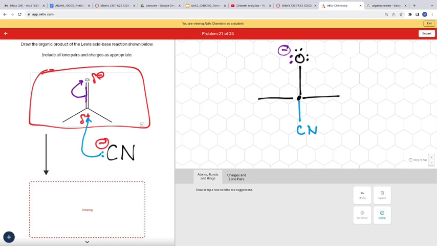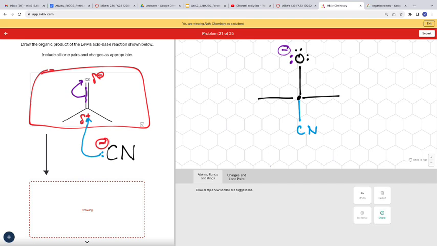What happened to the carbon in the middle? Ooh, it just lost electrons. Should I be showing it as positive? When I'm only considering that purple arrow, yes, it is positive. Am I only considering that purple arrow? No, because the result shows that this blue arrow is also involved. So I have lost electrons and gained electrons, which means the net was no change. What was its charge?